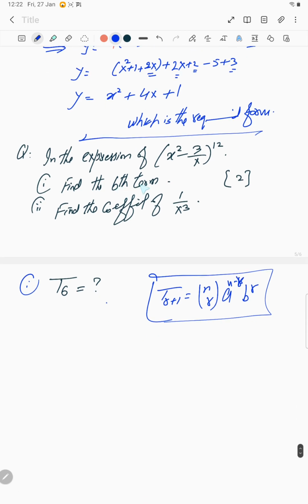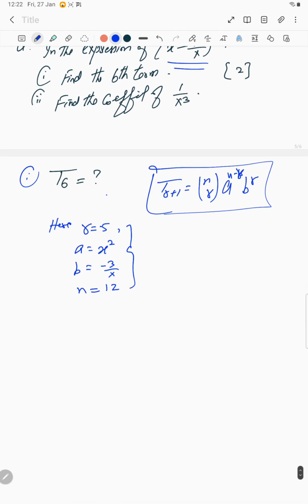As we are looking for the sixth term only, r becomes 5, then it becomes 5 plus 1, the sixth term. A is the first term, x squared. B is the second term with the sign, and n is 12 here. So according to the question, we are given this, so replace all this in the formula. We get T(5+1), the sixth term, equal to 12C r.